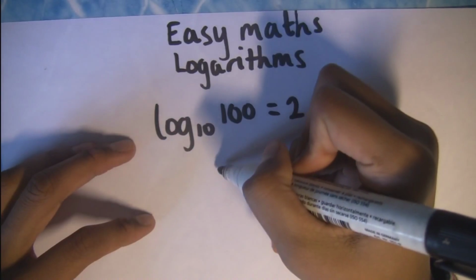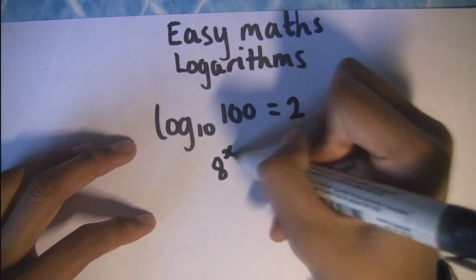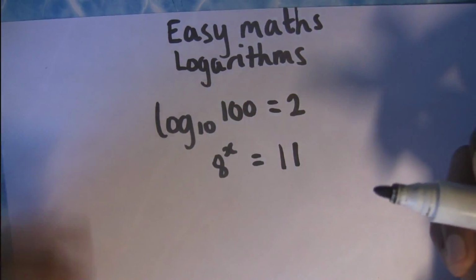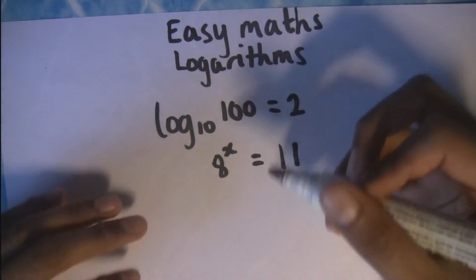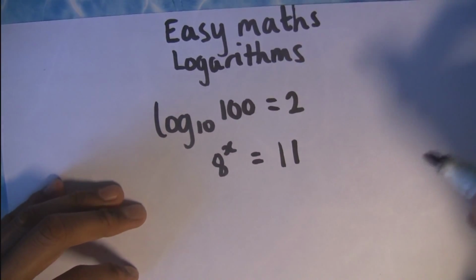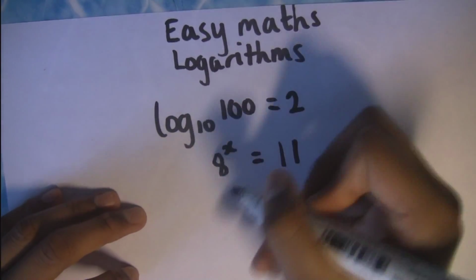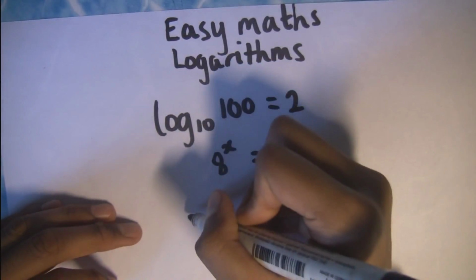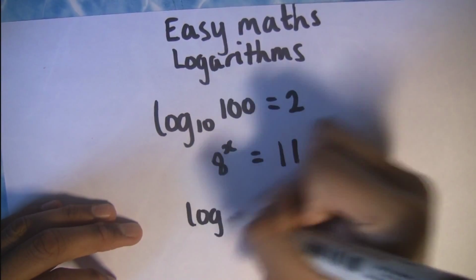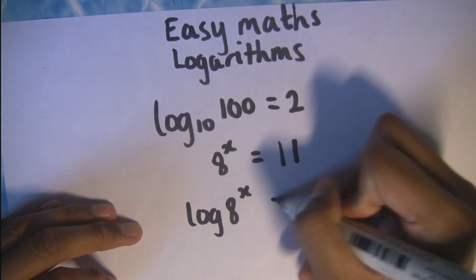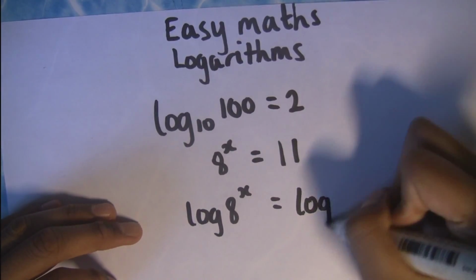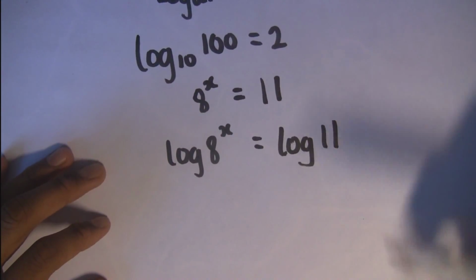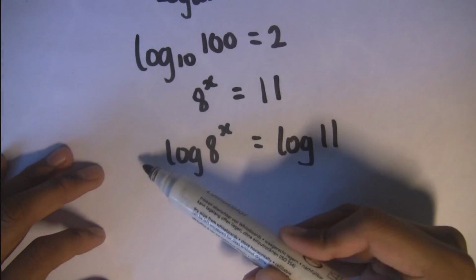So for example, if you had the question 8 to the power x equals 11, and you don't know how to solve that, the easiest way to do it is using this method here. What you want to do is what we say log both sides. So that means you write log of 8 to the x equals log 11. Now when you log stuff, you can take this power and move it over here.